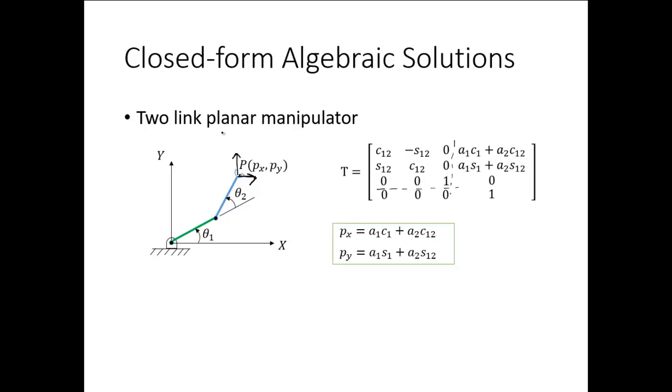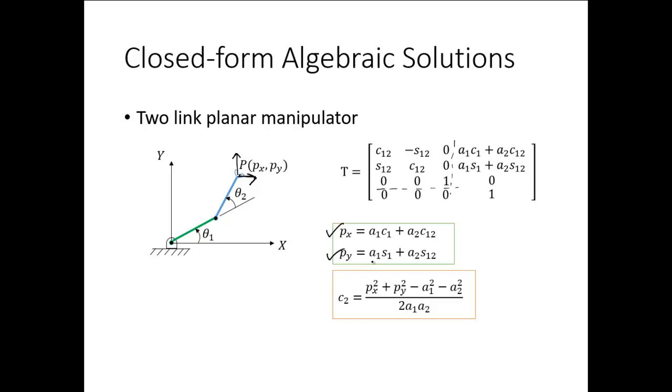Now given a particular px and py, for example, if we want to trace a circle, or any other planar shape like an ellipse or any other arbitrary shape, we need to find out the corresponding thetas for this. So at every point of x and y we can evaluate the thetas.